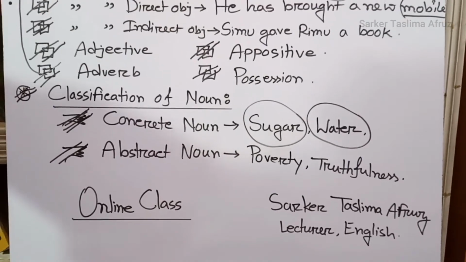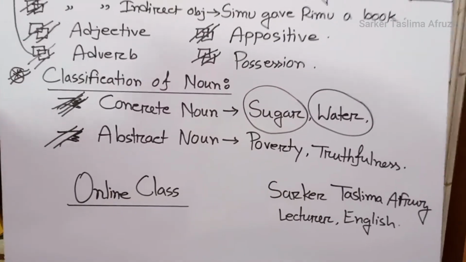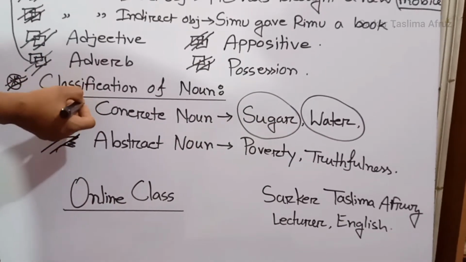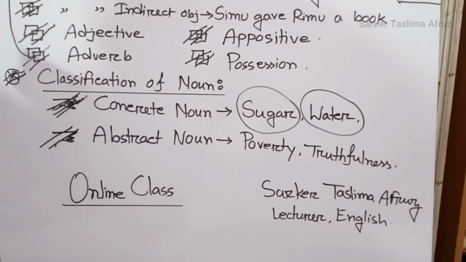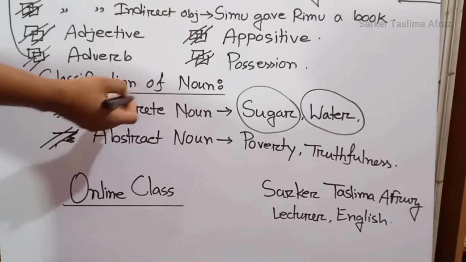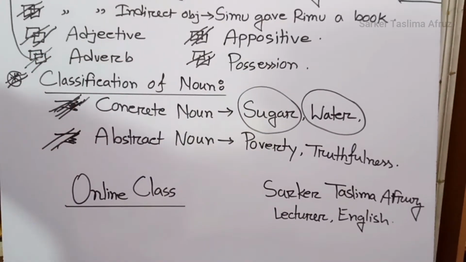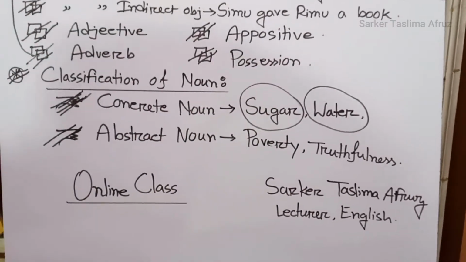Definitely I will talk about every part of grammar, but I just want to mention that concrete nouns are classified into 4 types.